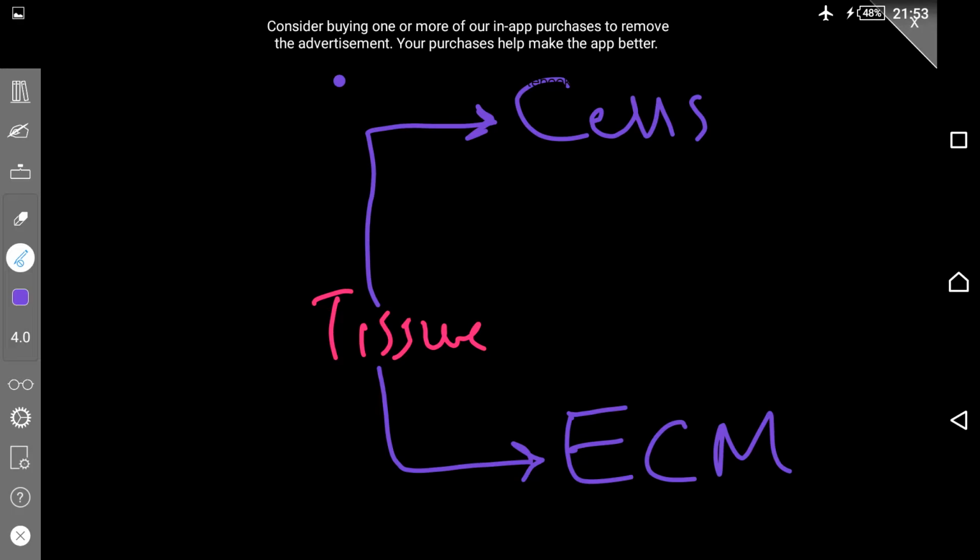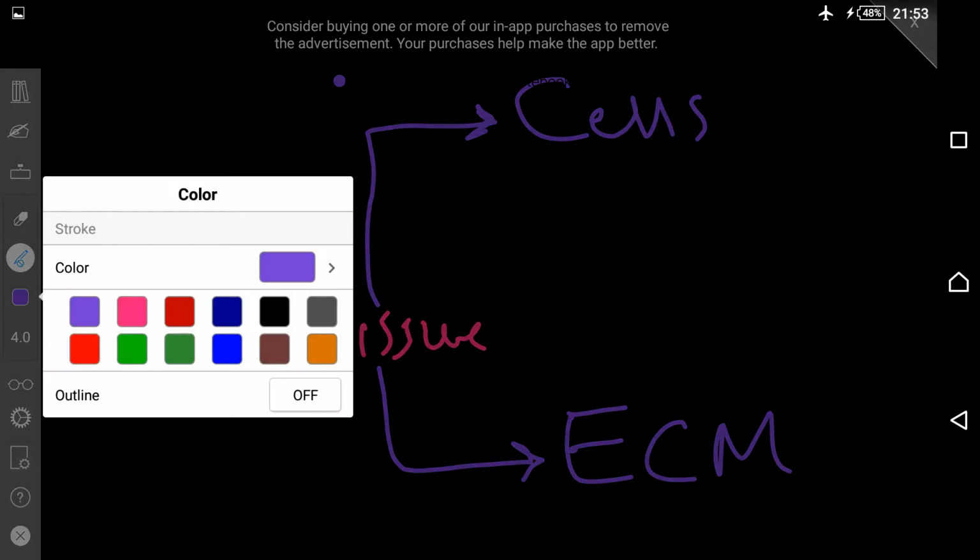These two structures form the tissues of the body. We have different types of tissues in the body, and according to the types of the tissues, the specific types of cells and extracellular matrix making up those tissues also differ from one another.